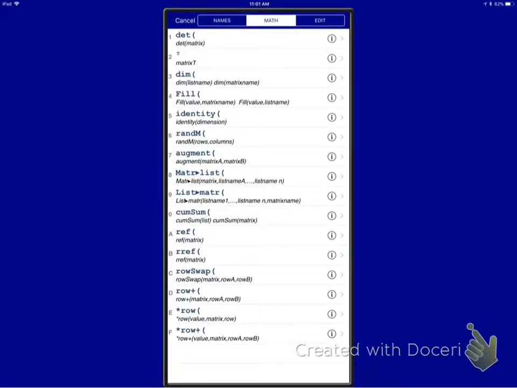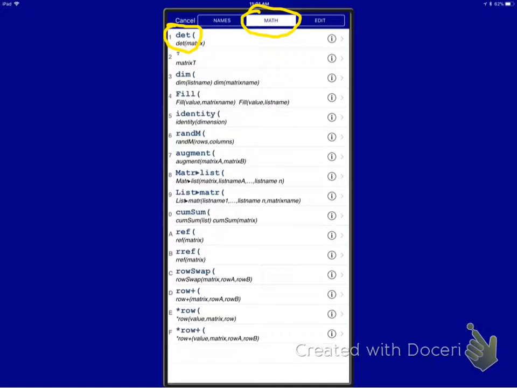Alright, after you put that in, you need to hit second matrix again and slide to the math section. The math section will have an option that is DET parentheses. You need to hit that before you divide your matrices because you're finding the determinant of it.